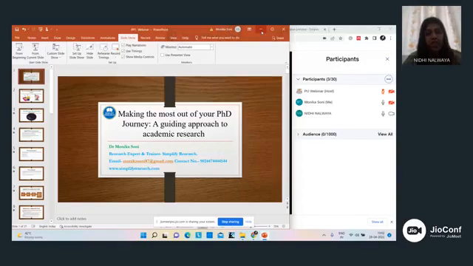So software reduces the business cost by allowing the business to use the data in a profitable manner. Also, the research software improves business productivity and profitability by allowing researchers to make more informed decisions. So, keeping this in mind to understand the contemporary dimensions in academic writing, today's webinar title is about making the most out of your PhD journey, a guiding approach to academic research.